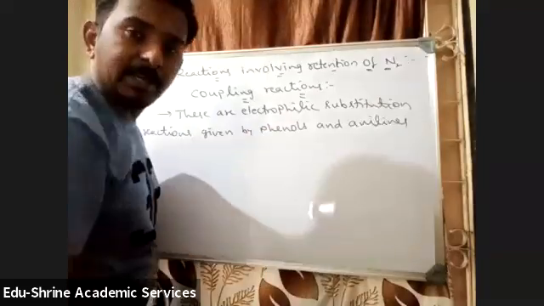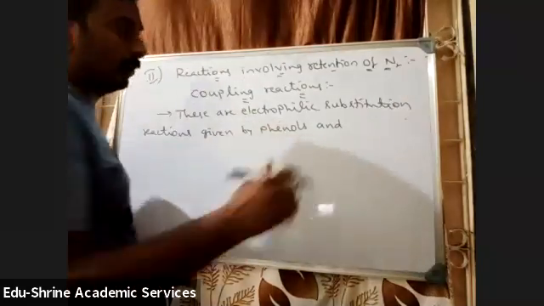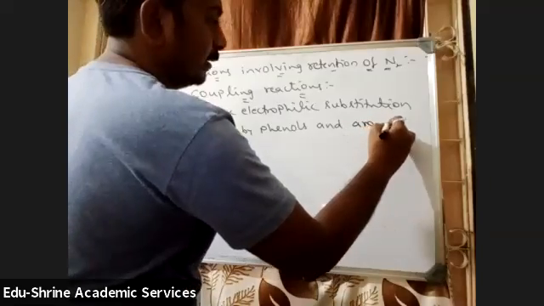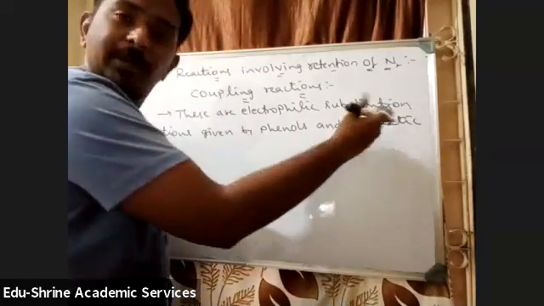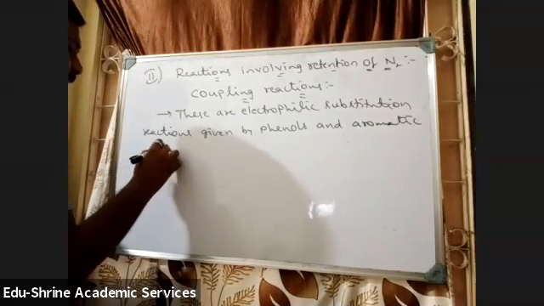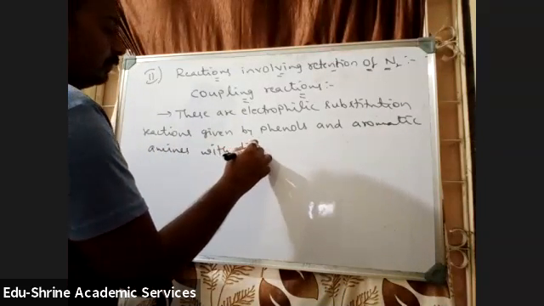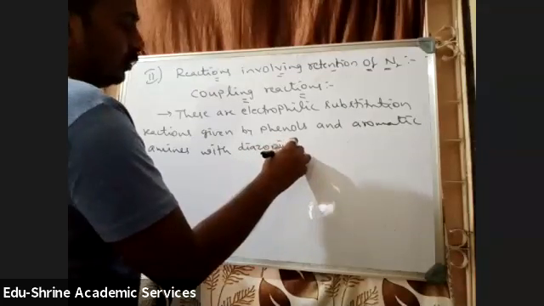Anilines, it may be any aniline, right? Phenols and let me write as aromatic amines. Phenols and aromatic amines. It may be primary, it may be secondary, or it may be tertiary. Phenols and aromatic amines with the diazonium salts.